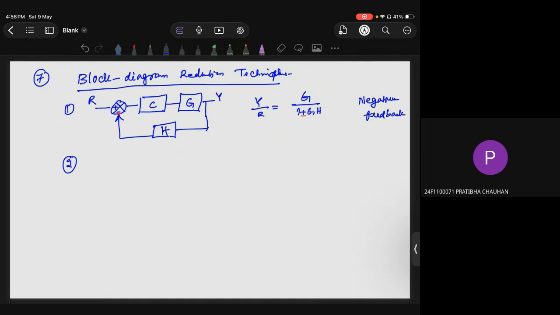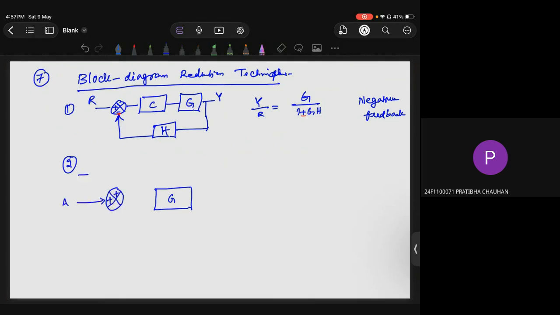Always, to reduce the block diagram, make sure that the final term should be the same. For example, let me explain here. You'll have Z here. Then you'll have a summing point, let's say plus and plus.